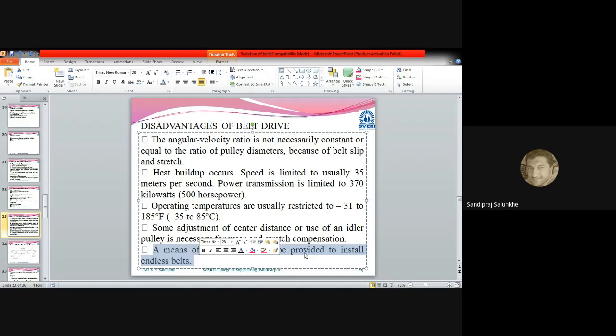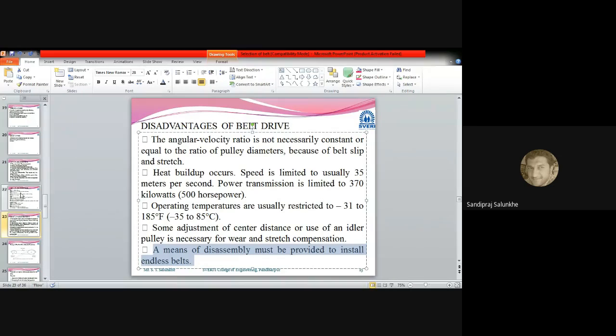That is not the case with flat belts. Flat belts can be easily removed and installed without disassembly of the pulleys. Up to a certain extent for the V belt also it is not required to disassemble the pulley. But for the multi-groove belt and timing belt, it is required to disassemble the pulleys and replace the belt. That can be considered under the disadvantages of belt drives.